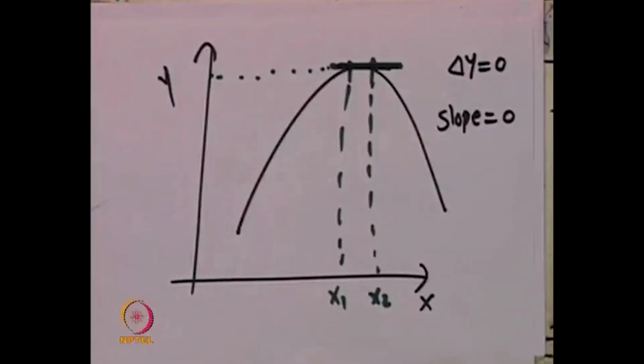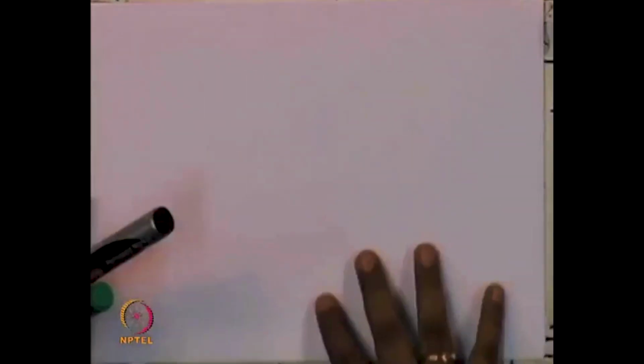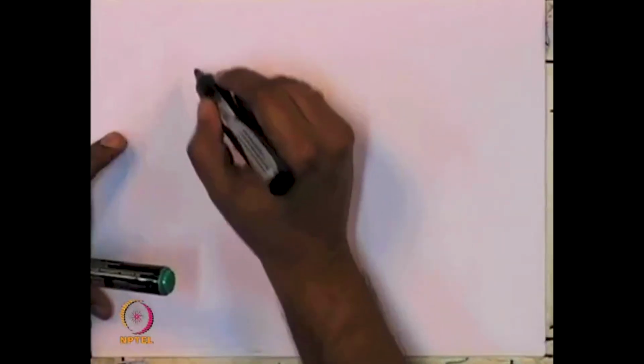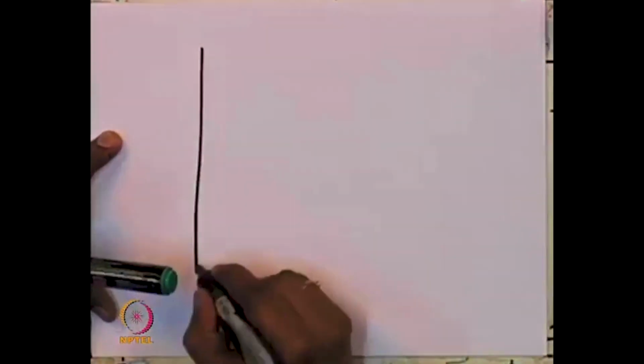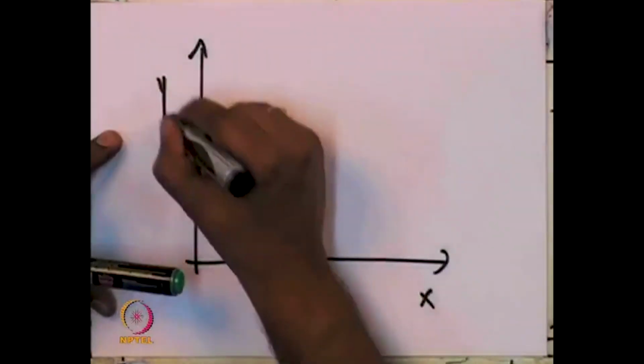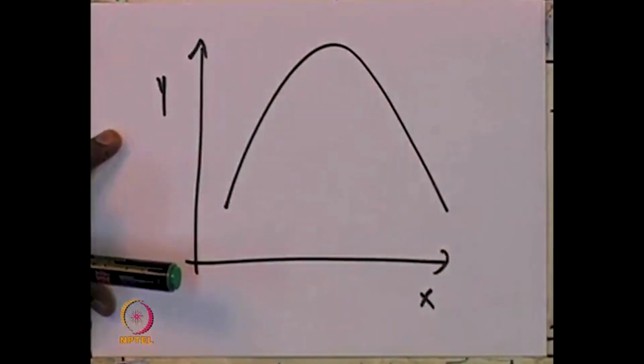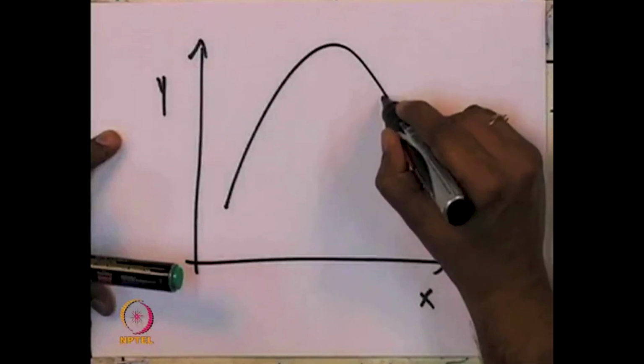Now, let us look at the next case where we have delta x and delta y. So, let us again draw this. Let us draw x and y and draw this curve, and let us look at the slope here.